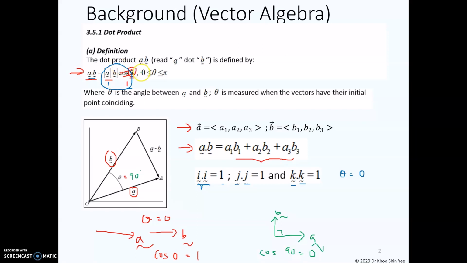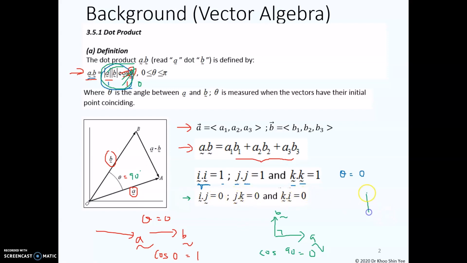So if you substitute this in, you obtain the right hand side equal to 0. Therefore, when you take the dot product between vector A and vector B, if both of them are 90 degrees different, then you will obtain 0. For example, if you take i dot j or j dot k or k dot i, you obtain 0.